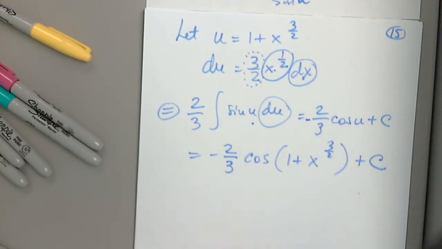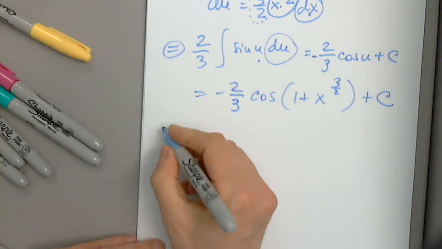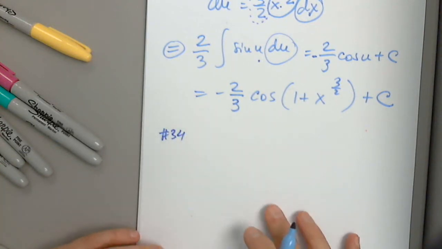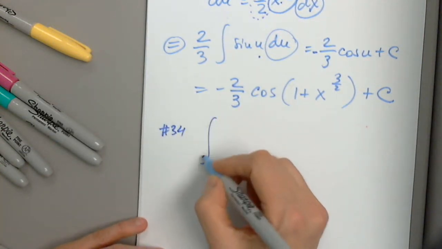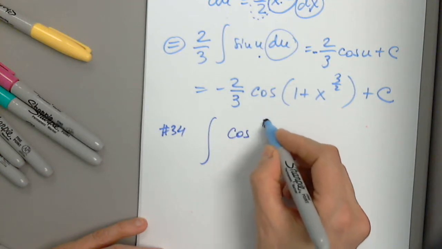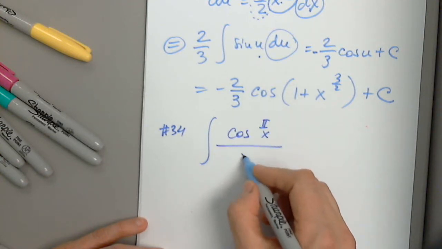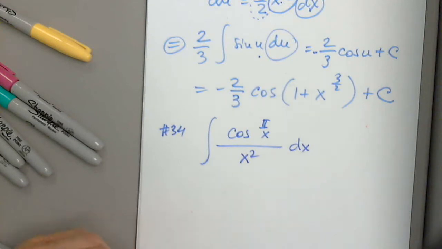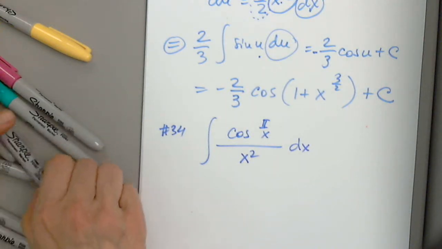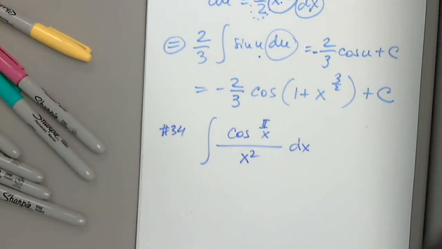What about 34? In 34, we have the integral from cosine pi over x, everything divided by x squared dx. So what do you think the problem is here? What bothers you? Over x.